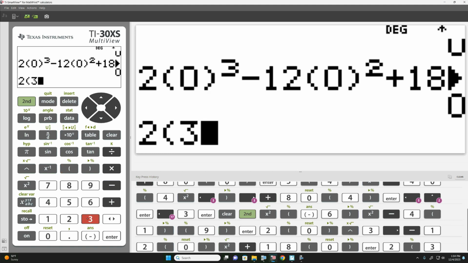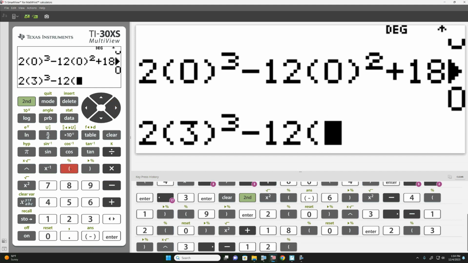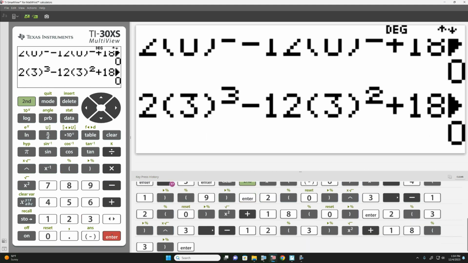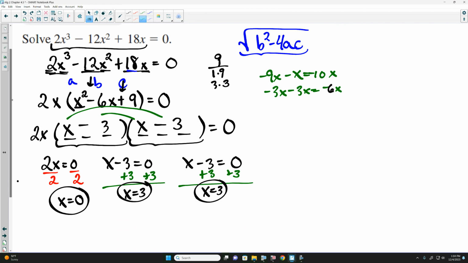And then we can do the same thing with 3. And it also gives us 0. Because again, we're trying to find out what value of x will make this function be 0. Questions on this here?